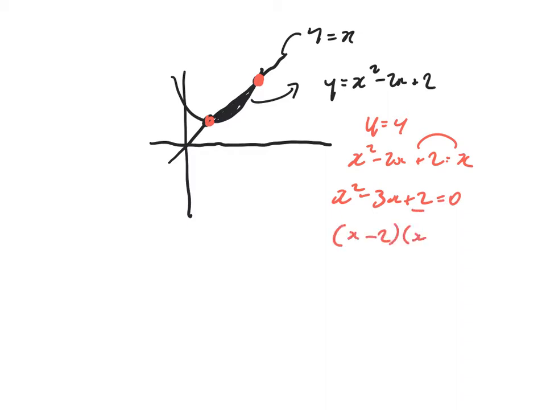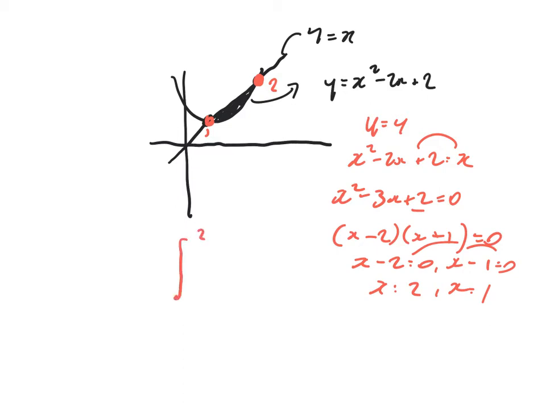It's minus 2 and minus 1. So x minus 2 equals 0, x minus 1 equals 0, x equals 2, and x equals 1, so that's my limits.